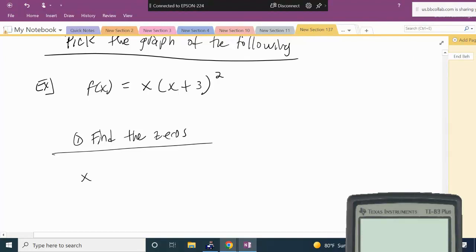So I have x, and we have x plus 3. Okay. So notice I didn't write x plus 3 quantity squared. Okay, we're going to put the multiplicity in separately.